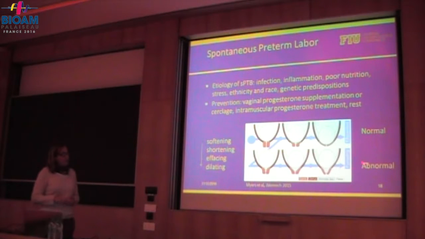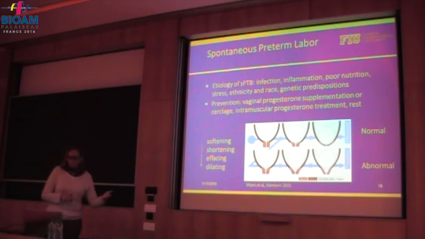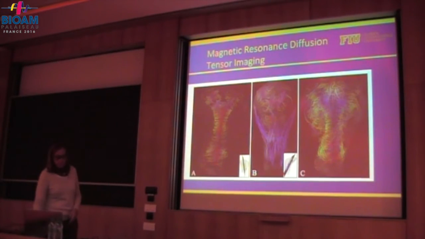But there are abnormal conditions, such as funneling in this case, where this nice progression is altered. And one aim of this study is trying to find a quantitative way to predict this alteration.